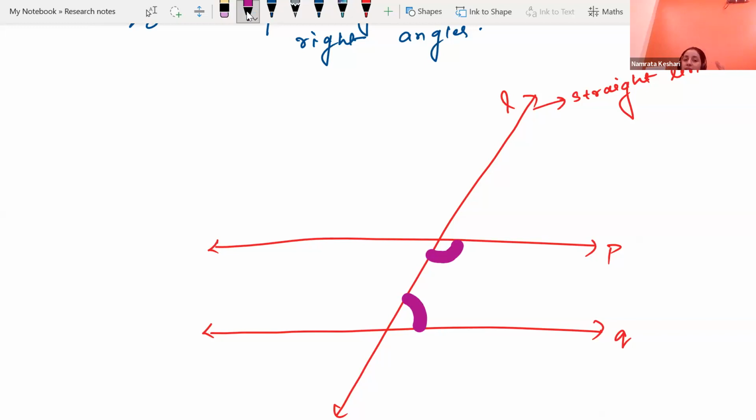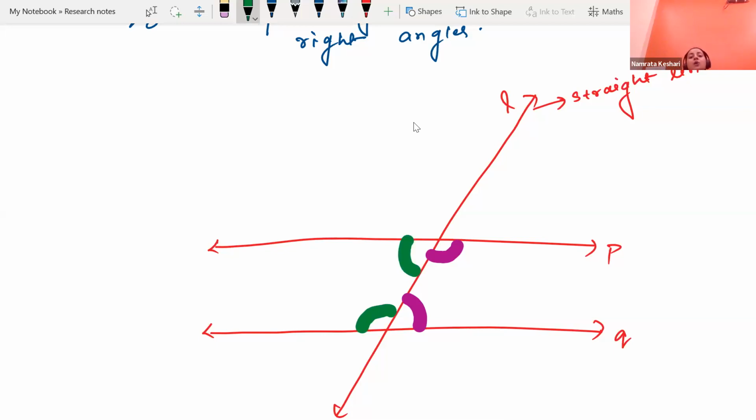So if a straight line falling on two straight lines makes interior angle on the same side of it, makes interior angle. Why have I marked only this? The other two are also interior angles, this and this.